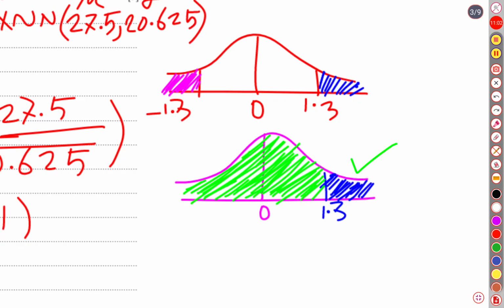What will we do? From the whole probability, which means 1, we will subtract this portion, because the corresponding probability given in the normal distribution table is always on the left side of the z-score. So easily we can find the probability for the z-score of 1.3. Then if we subtract the left part from the whole probability, we will get our required probability.